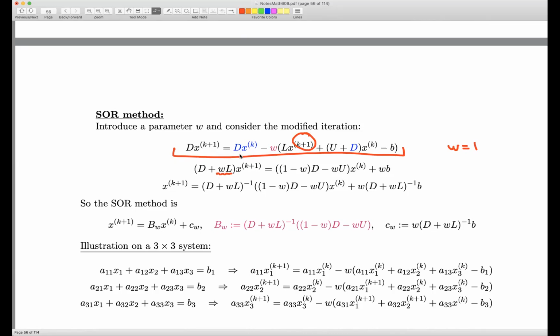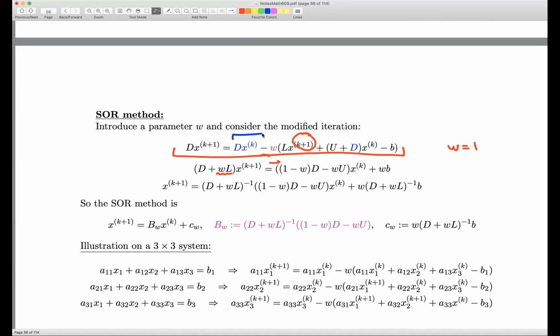And then we can group everything that has a k here. So what has a k on the left side is the D. So what has k here?